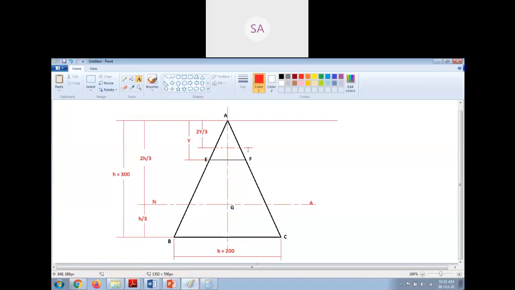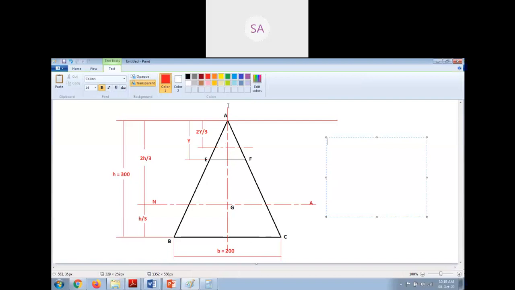Now I am using these similar triangles ABC and AEF, right? Or I can use the height of these two also, right? So what I can write is, I'll write it here only.